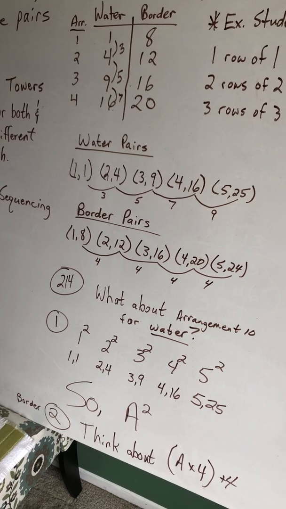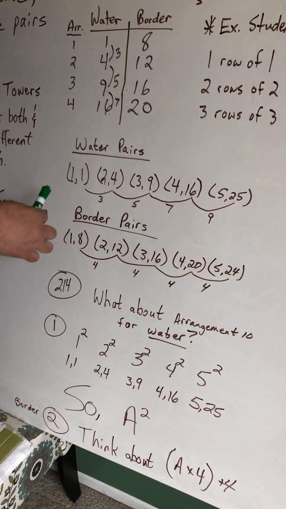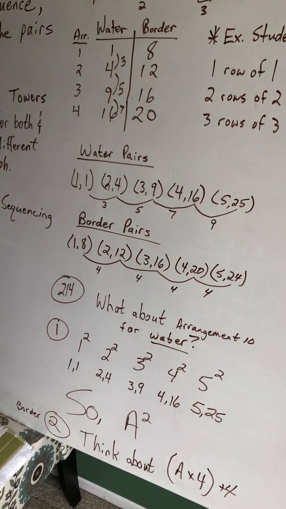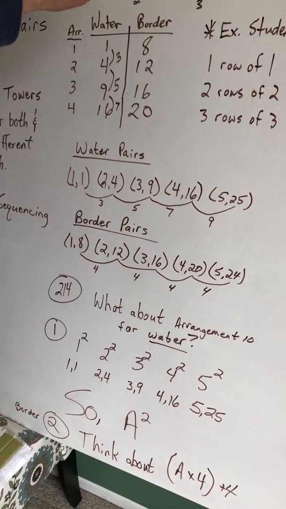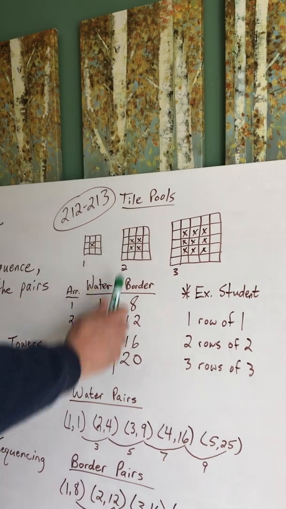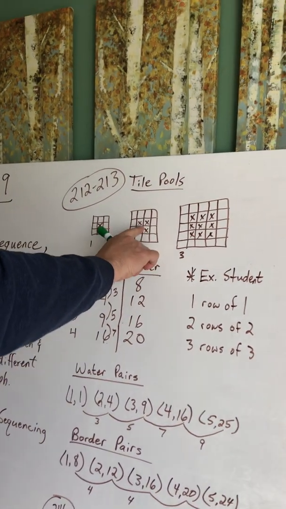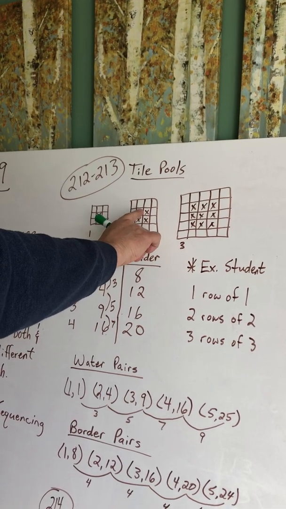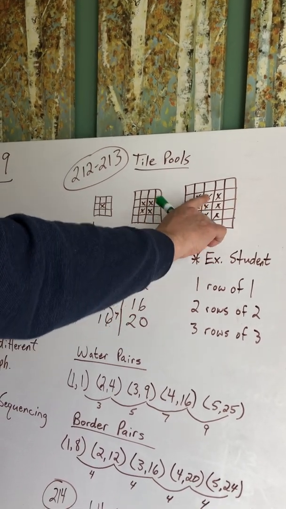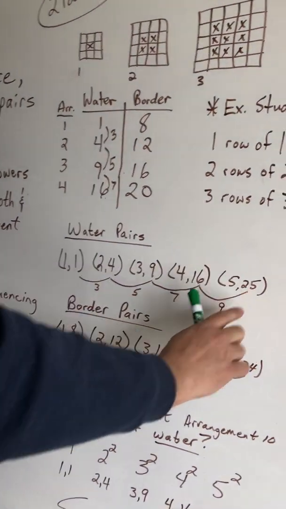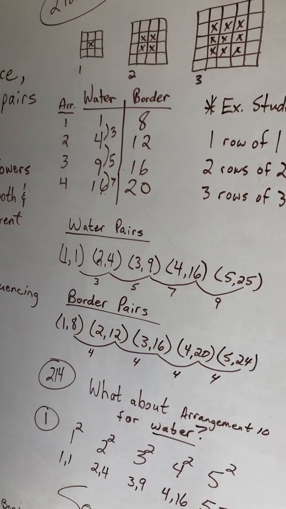Now the Y's for the water pairs, if you're just looking at the water pairs, which if you scan up here, these X's. So this is 1, 1, okay? 2, 4, because there's 4 water tiles. 3, 9, okay, and so forth. So the next 4, 16, and 5, 25.